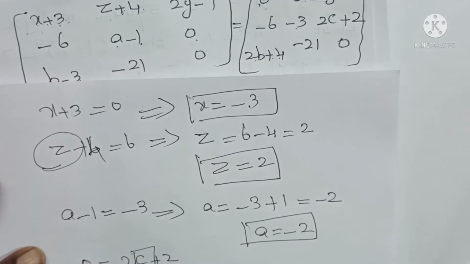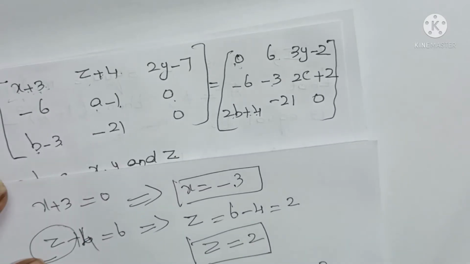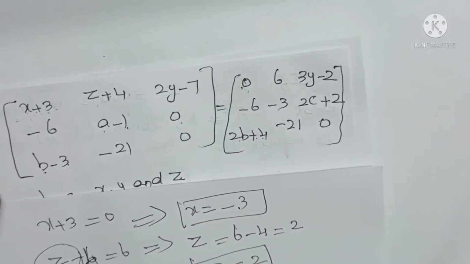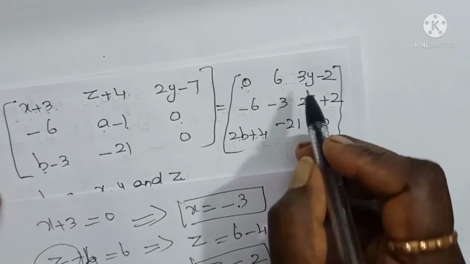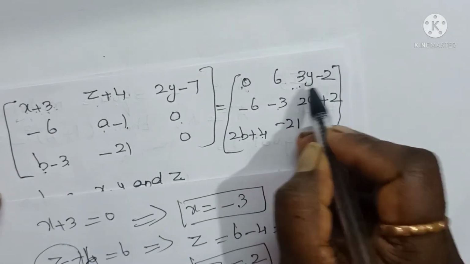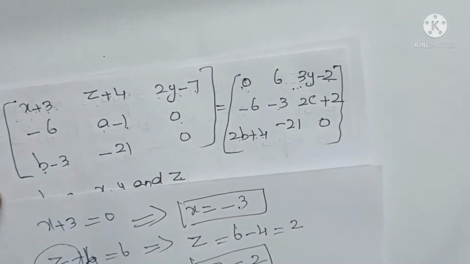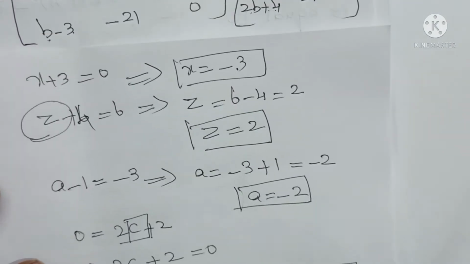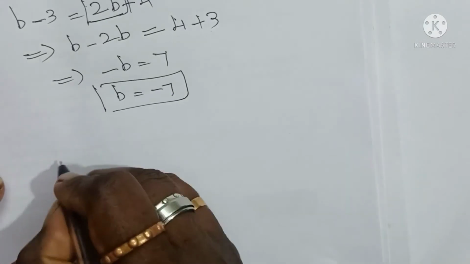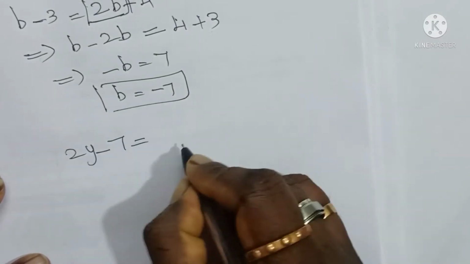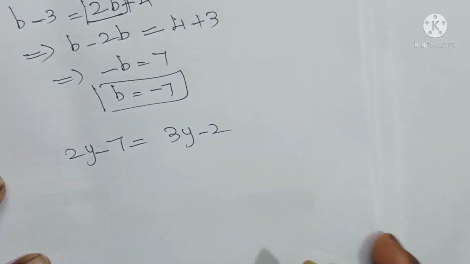Then you have to find the value of y, correct? So from here you have to write the terms: 3y minus 2, here 2y minus 7. Corresponding terms you have to equate. So 2y minus 7 is equal to 3y minus 2.